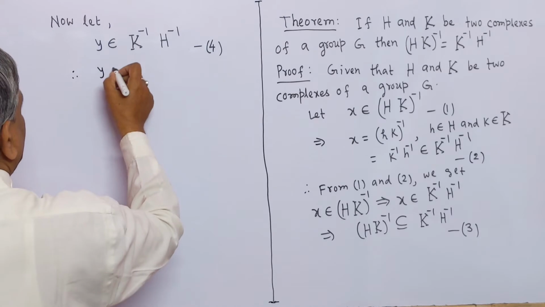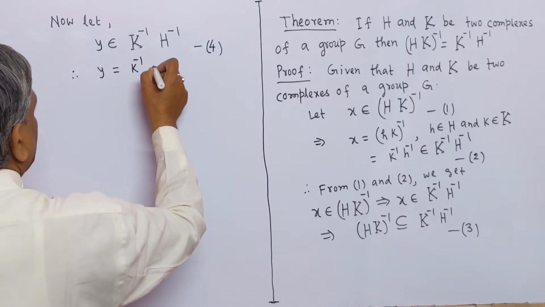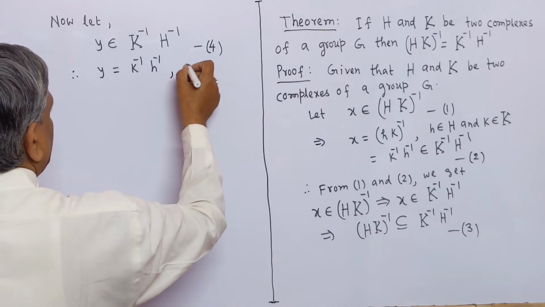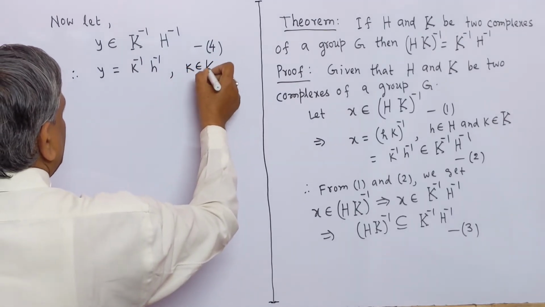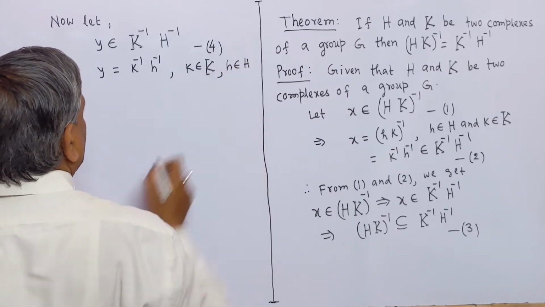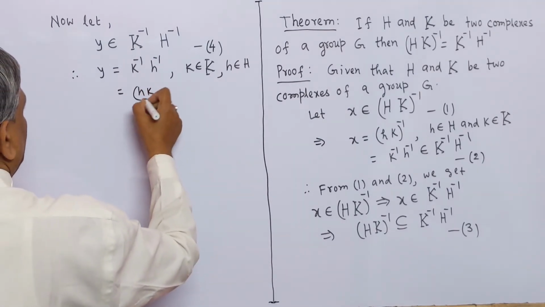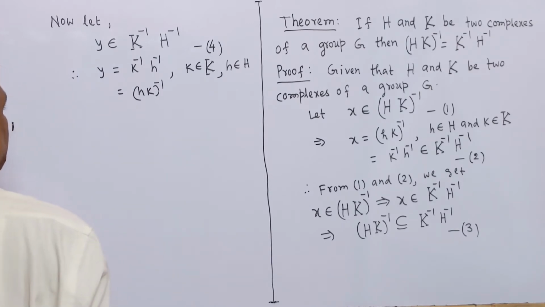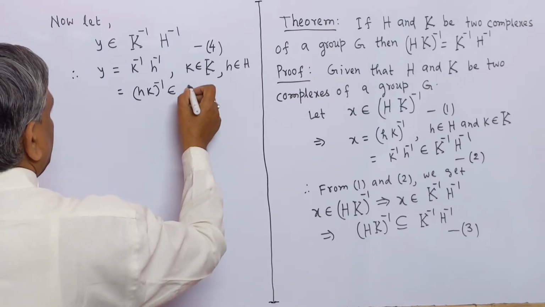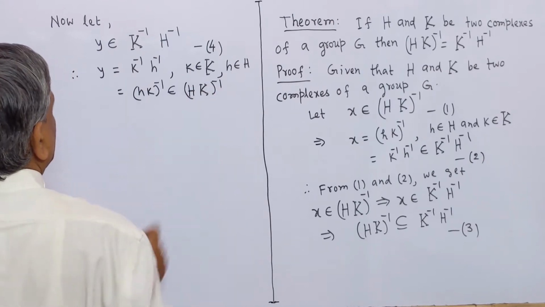Therefore, Y equal to small k inverse small h inverse, k belongs to capital K, h belongs to capital H. This equal to (hk) whole inverse, and this (hk) whole inverse belongs to (HK) whole inverse.